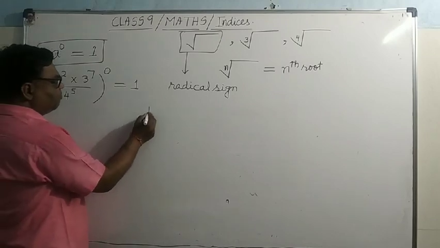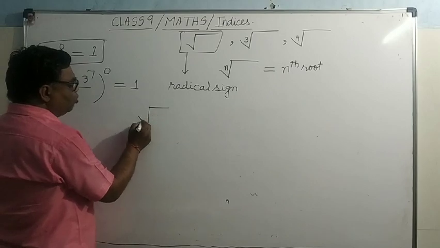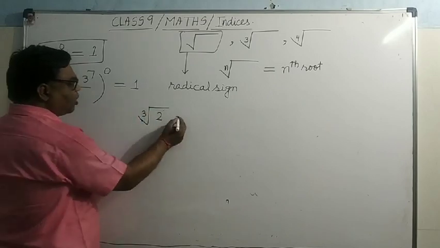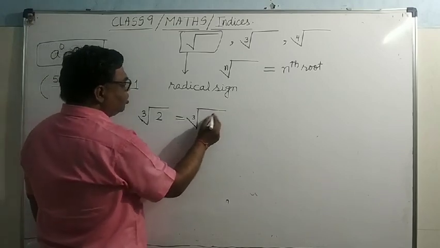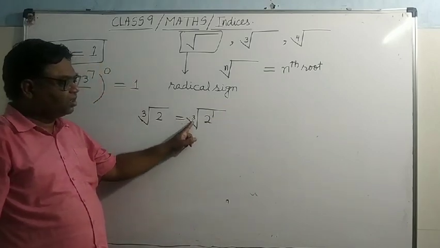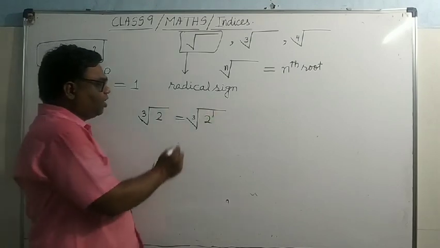Suppose there is any number here, say the cube root of 2. What is the power here? No power. So what will you write? We will write this as 2 to the power 1. When you remove this radical sign, what will happen?